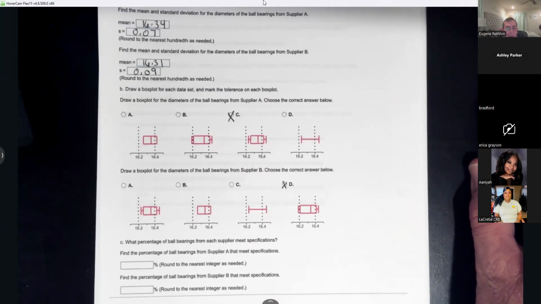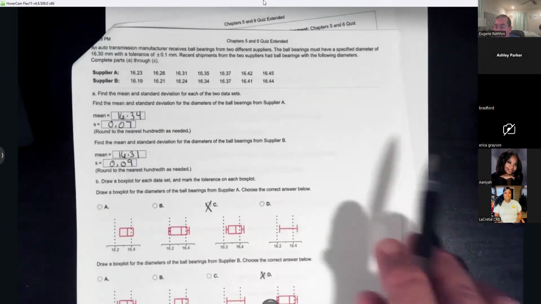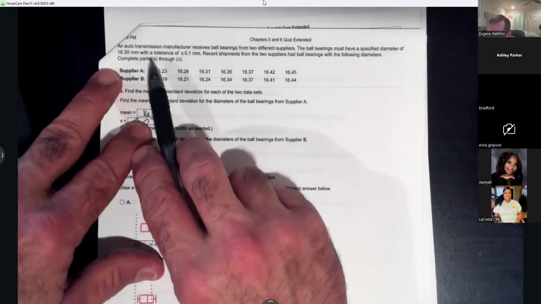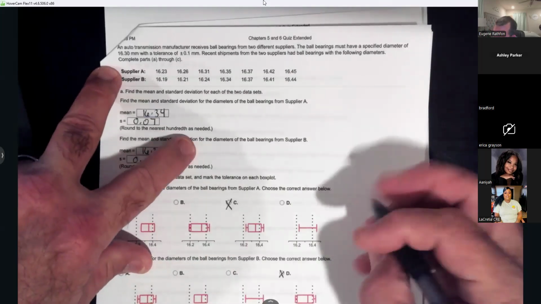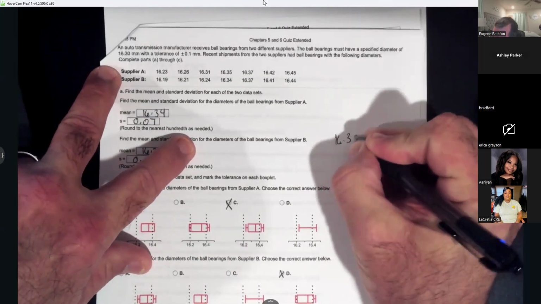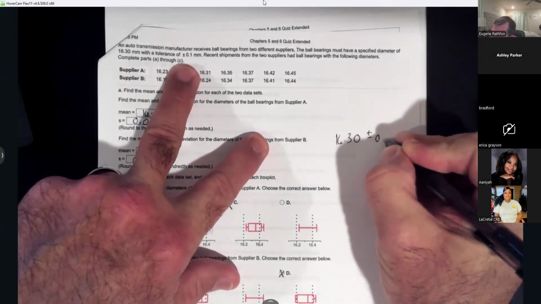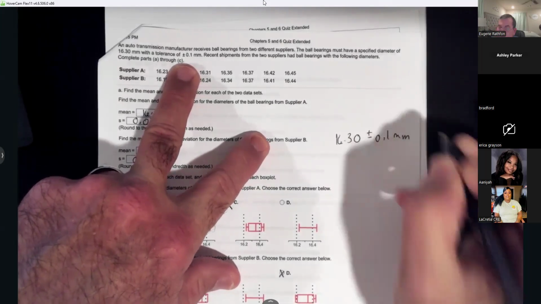All right, y'all. So next, let me pull this camera down. They want to know the percentage that met specifications. So let me pull this down up here. They told us they have to be 16.30 plus or minus 0.1 millimeter.